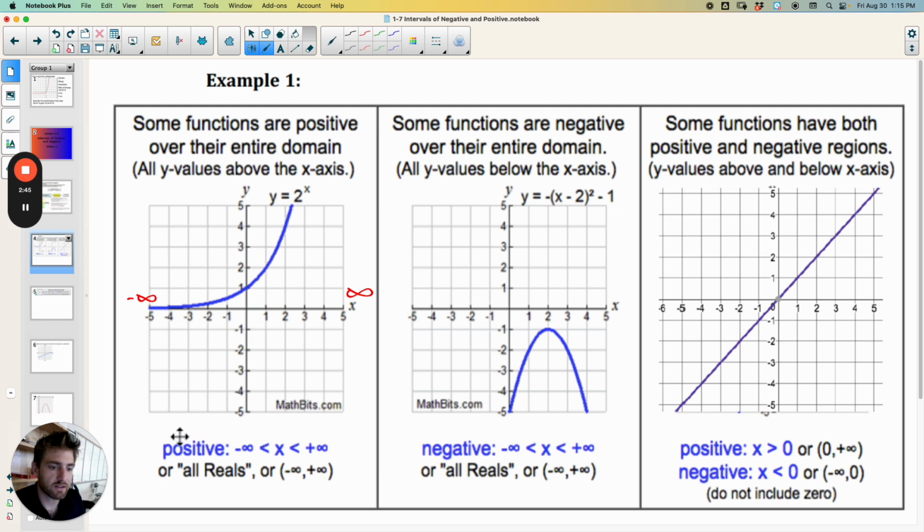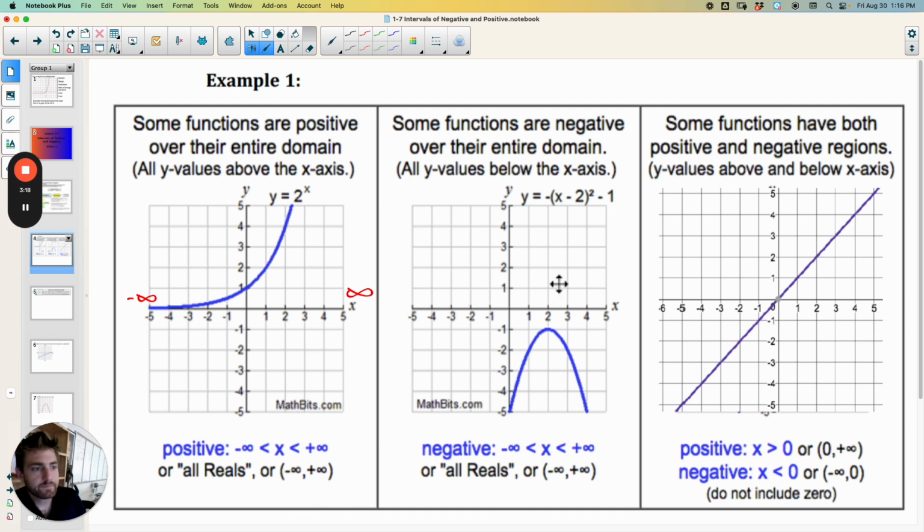So we're going to say that this is positive along the interval of negative infinity to positive infinity. Notice x is between here. It's very important that you understand that we are going to be using just less than symbols. That is because if the graph is ever on the x-axis, it's never positive and never negative, it's neither. You could also call that all reals, or use this interval right here from negative infinity to positive infinity.